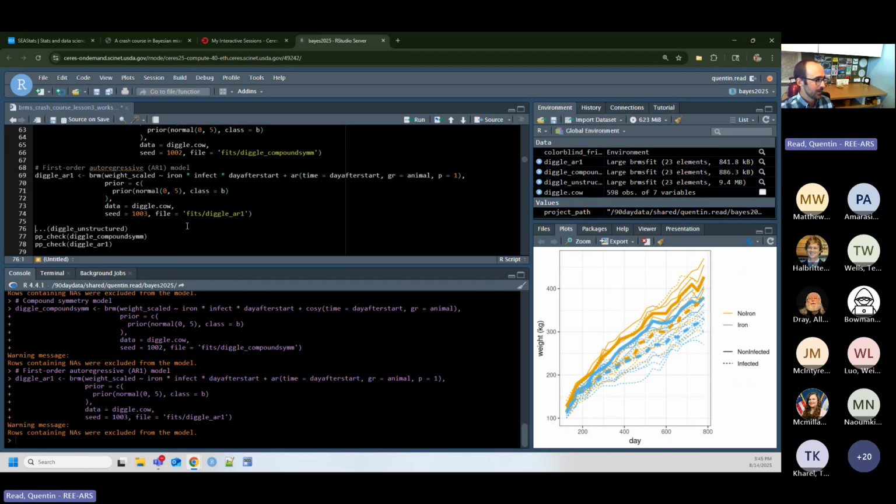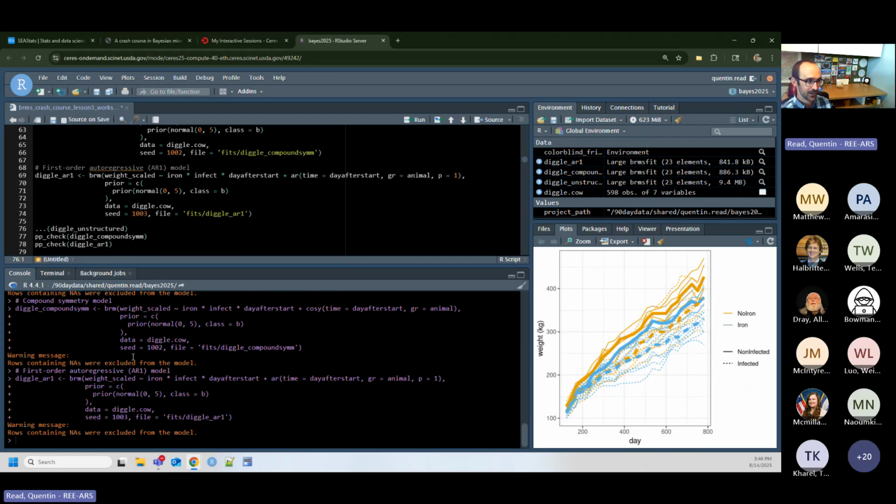Okay. Oh, yeah, and it gives me a warning that rows containing NAs are excluded from the model every time. I believe some of the cows died before the study was complete, so their time trend does not go all the way to the end, and they have a missing value. So those are just excluded. We're basically looking at the effect of iron and tuberculosis conditional on the cow having survived.